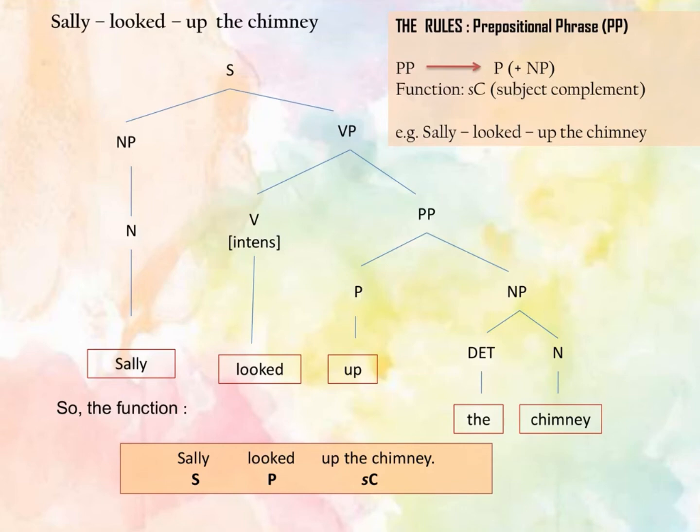So P as in up and NP we specify it into D or determiner as in the, and N or noun as in chimney. So the function of the sentence is Sally as a subject, look as a predicate, up the chimney as a subject complement.